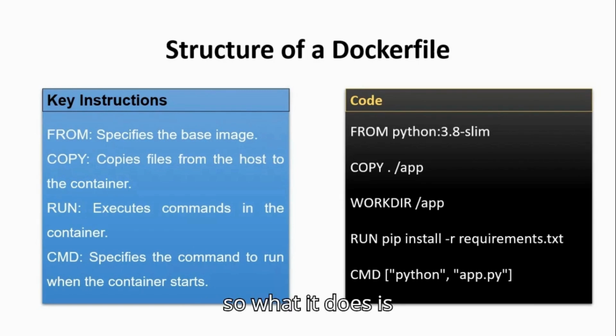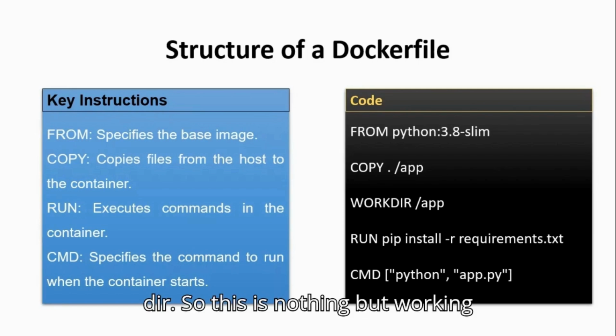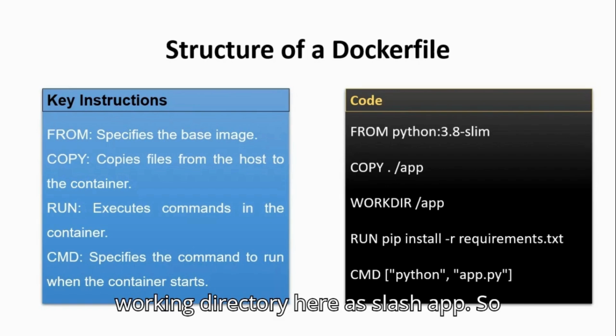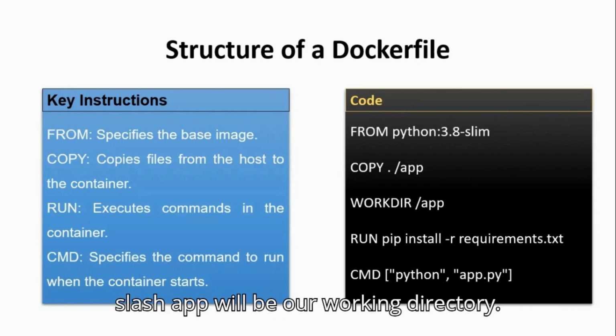What it does is it copies the application files from the host into the container. Next is WORKDIR. This is nothing but the working directory, and we have mentioned the working directory here as /app. So /app will be our working directory.